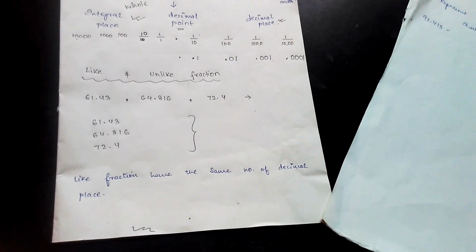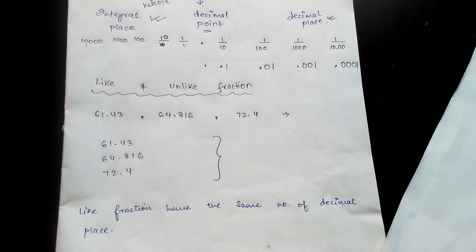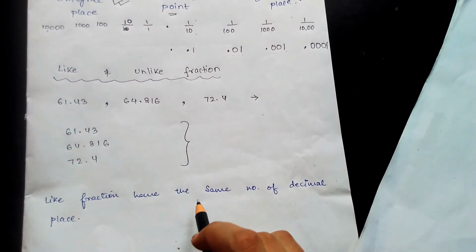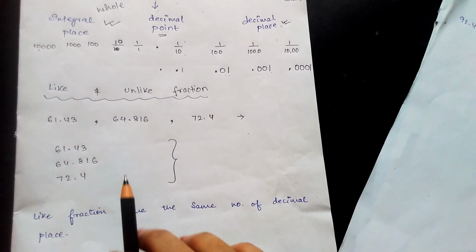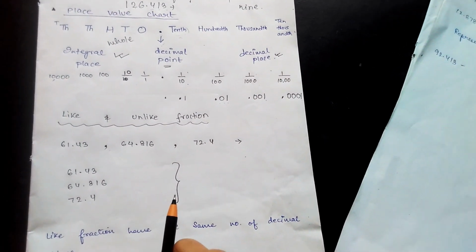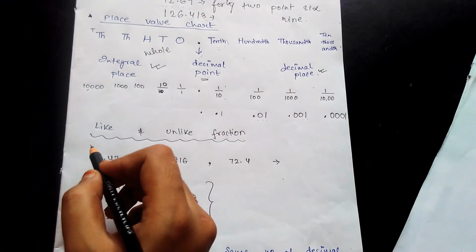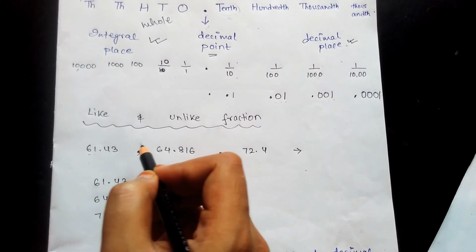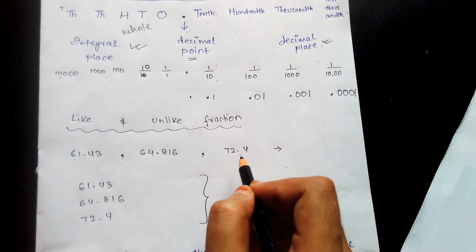Now there are two types of decimal fractions: like and unlike fractions. Like fractions are those which have the same number of decimal places, and unlike fractions are those which do not have the same number of decimal places. For example, 61.43, 64.816, 72.4.